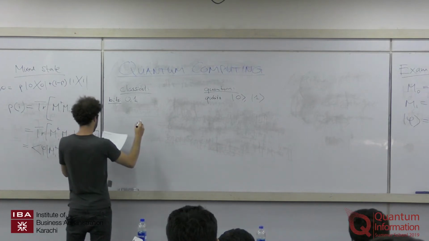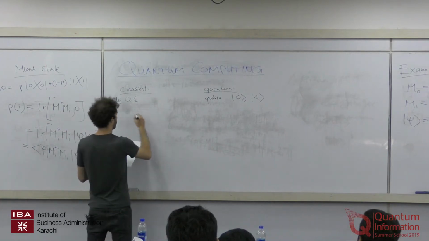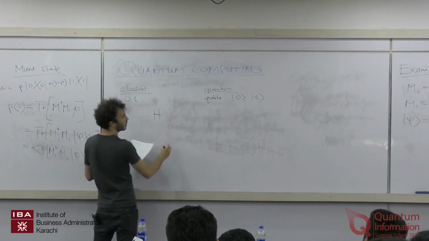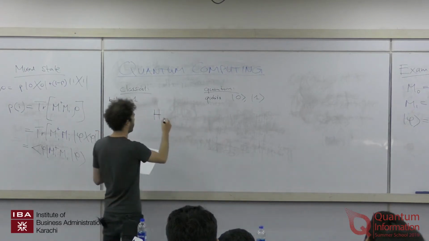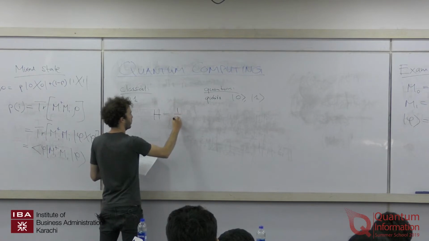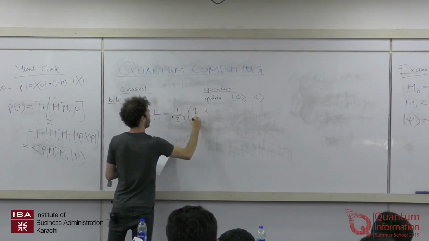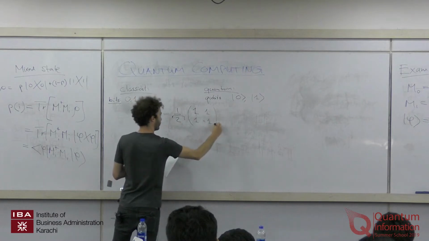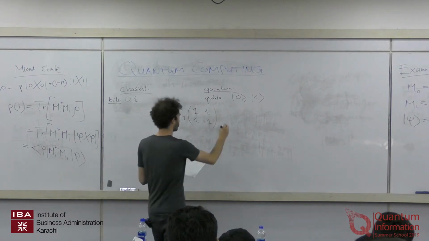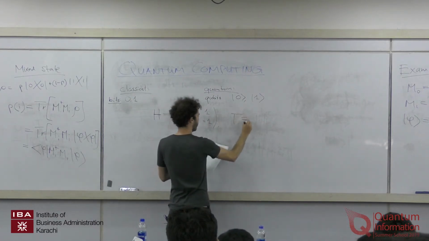And one set of gates is the Hadamard gate that we have seen. It was there on the other board before. I've erased it. The T gate we will need.